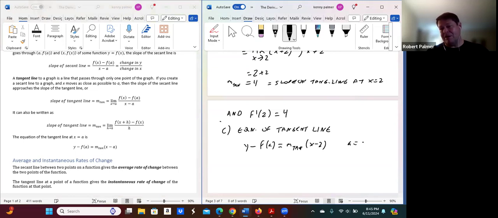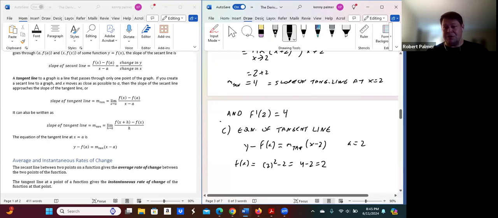Remember, a is equal to 2. Now, f of a is 2 squared minus 2, which is 4 minus 2, which is equal to 2. So that point was 2, 2, as we saw.